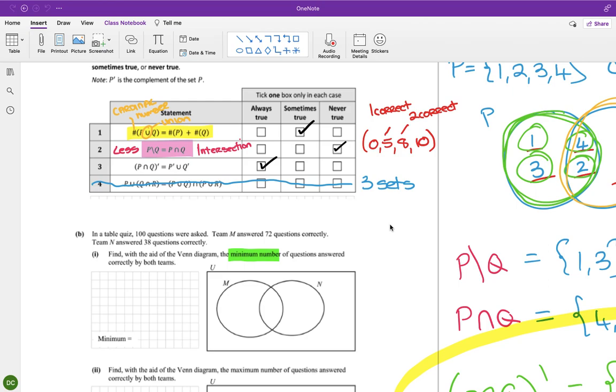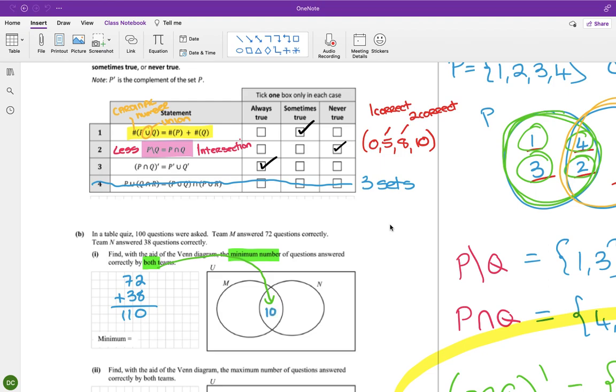So we're looking for minimum and both, which means we're looking for the smallest possible number we can put into the intersection. That's both. So, what does 38 and 72 add up to? It is 110. So, how many were asked? 100. Right. So, how many has to go into the intersection? Has to be 10.